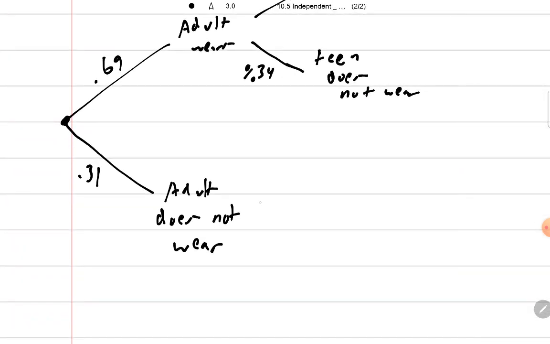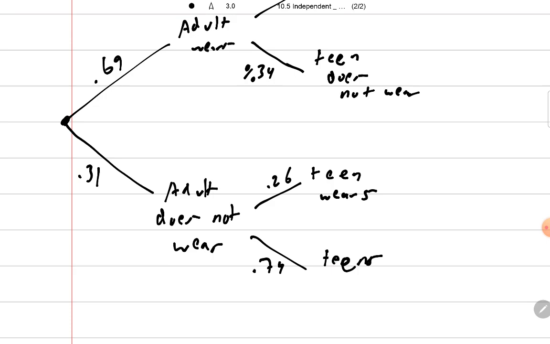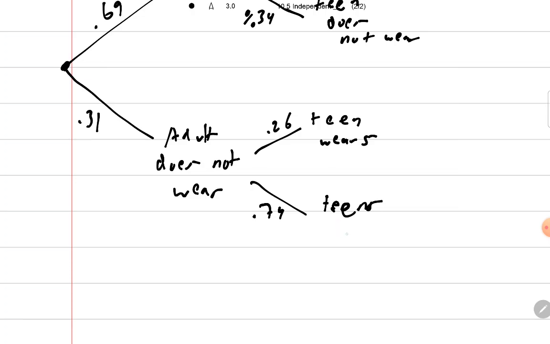Okay, if the adult does not wear a seatbelt, they tell us that there is a 0.26, right? Yeah, there is a 26% chance that the teen does still wear the seatbelt. Okay, and then that means if an adult does not wear, 74% of teens do not wear. I don't know why I keep spelling teens T-E-A-N-S. I don't know why. Does not wear.